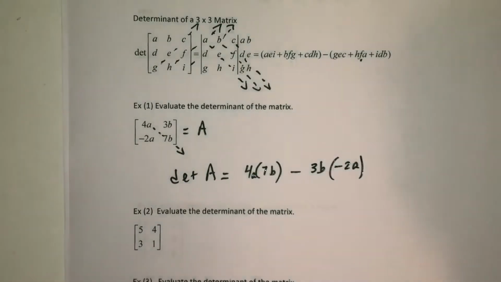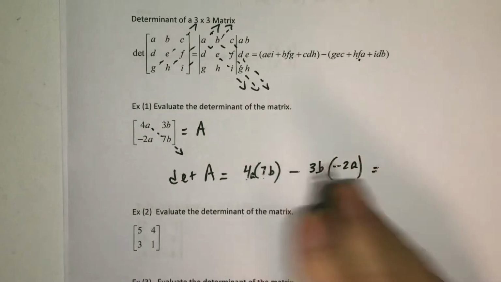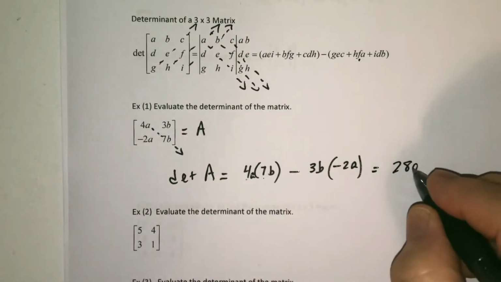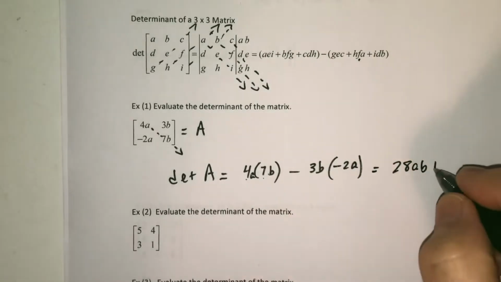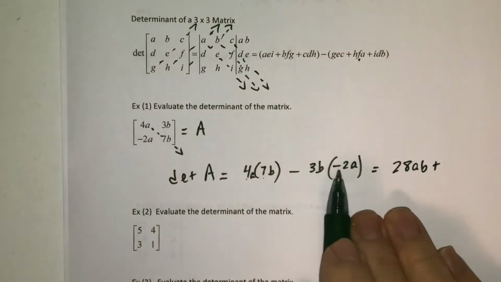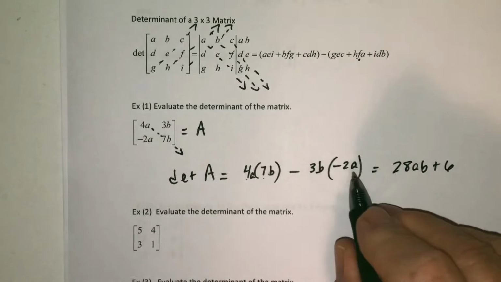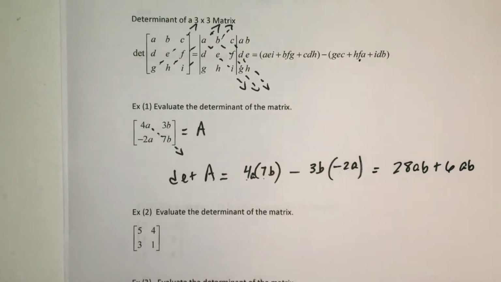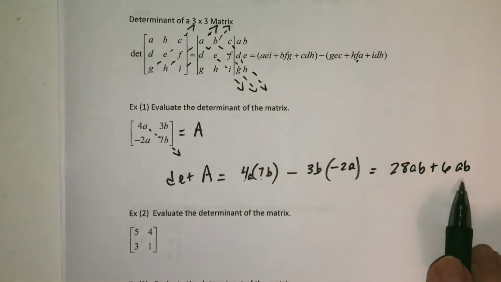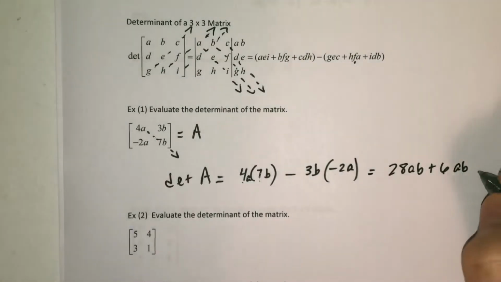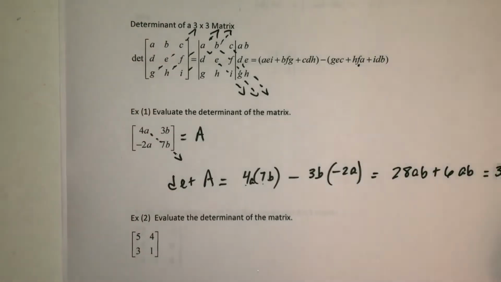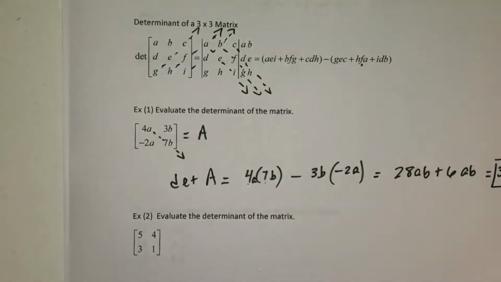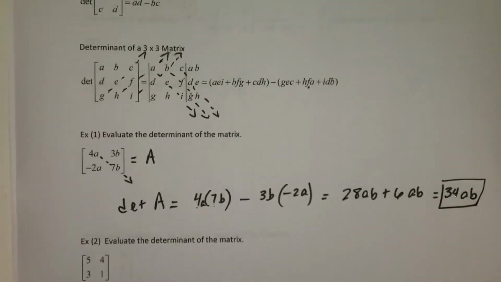So 4 times 7 is 28, so that's 28AB. A negative times a negative is a positive, so that's going to be plus. 3 times 2 is 6, and B times A is the same thing as AB, so you get these lined up and see that they are indeed like terms. You can combine them into one, and that would be 34 times AB. There's your answer for example number 1, 34AB.